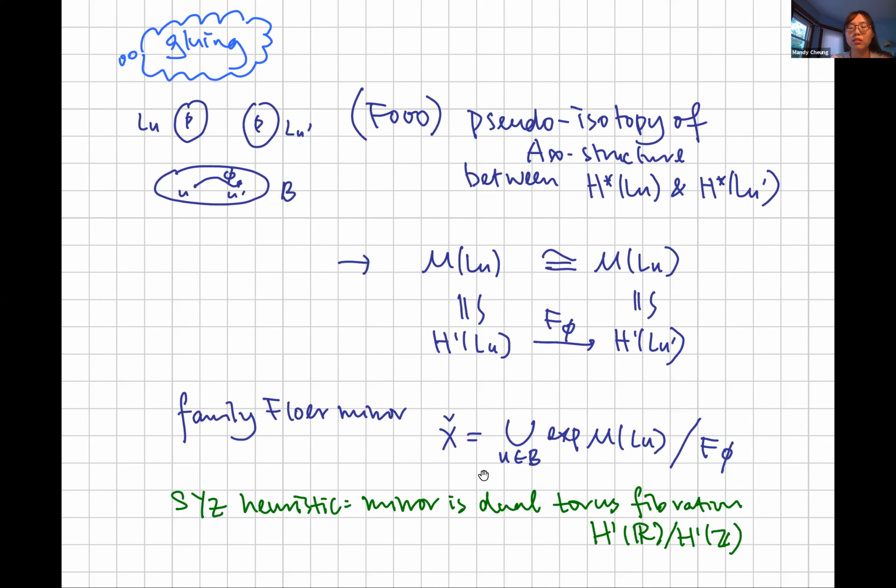But in this Gross-Hacking-Keel-Siebert language, you can see, at least to me, it is gluing of tori under some birational map. And the reason to define it in this way is the SYZ mirror heuristic: the mirror is a dual torus fibration. So this one is basically what we are having here.